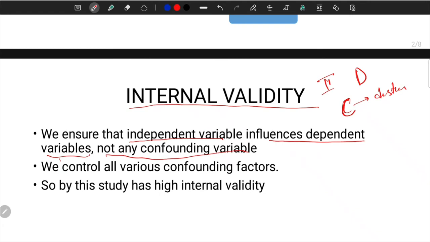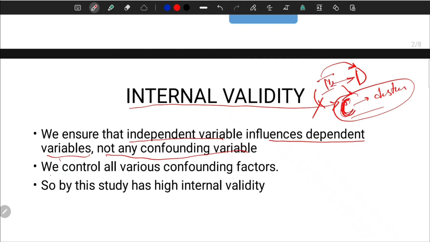So we see that the independent variable only influences the dependent variable, and the independent variable does not influence confounding variables. If it does, we'll get a different result than we should get. So only these two should be there, the confounding variable should not be there.